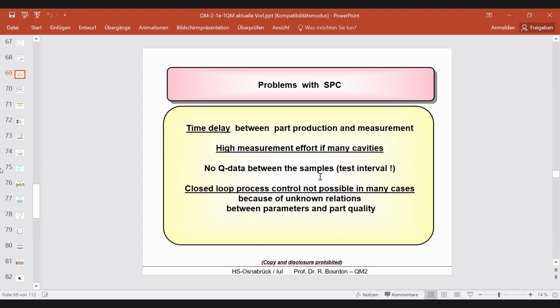So it is not so easy to do corrective actions on the process if a control chart is running out of the control limits. SPC is only a monitoring system, but it is not an optimizing system.